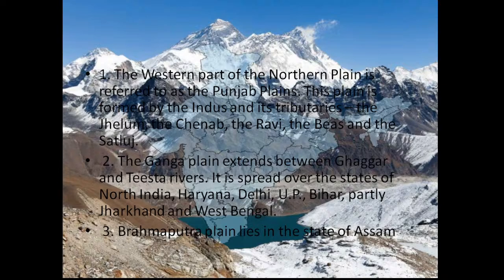Through these channels, the rivers get distributed, spreading over a large area. This vast alluvial plain thus formed is triangular in shape. So remember children, this vast alluvial plain thus formed is triangular in shape and is called a delta.